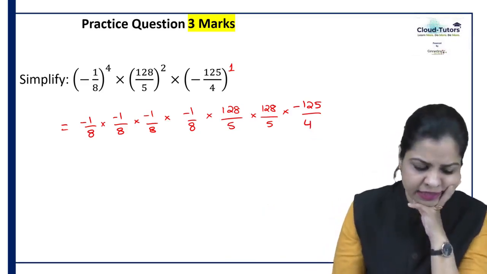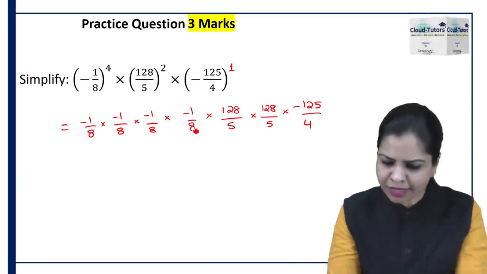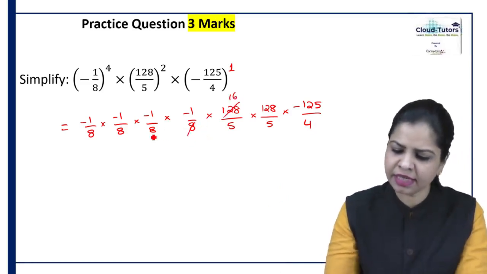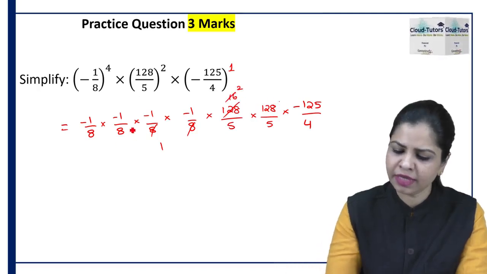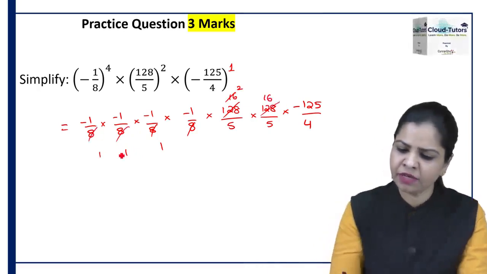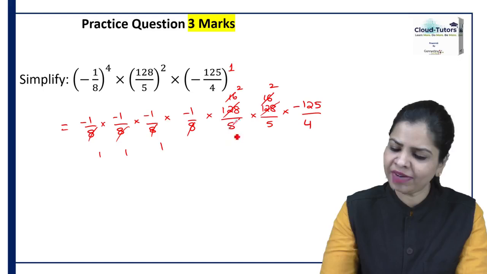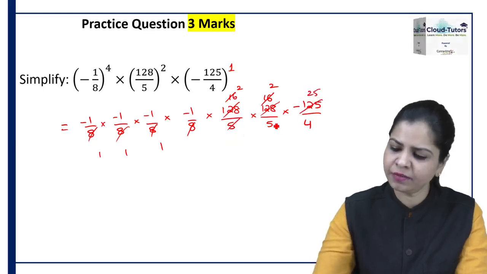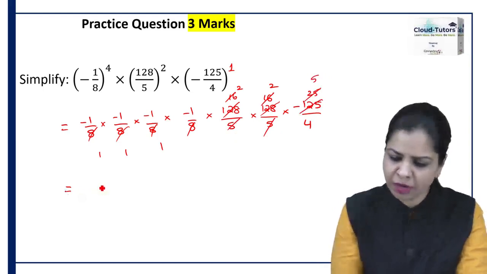Okay, so let's divide. 8 ones are, this is 16 times, 8 ones are, this is 2 times, 8 ones are, 16 times, 8 ones are, this will be 2 times. So 5 ones are, this is 25 times, this ones are, this would be 5 times. So it would be how much?